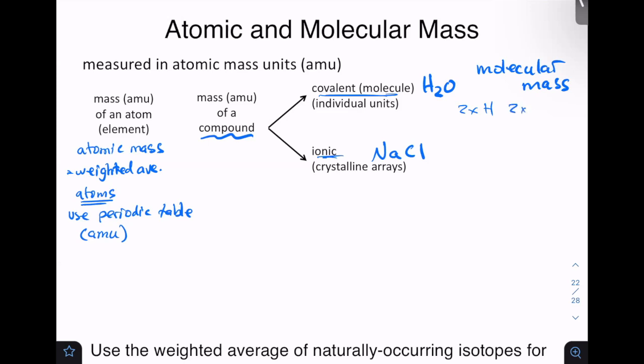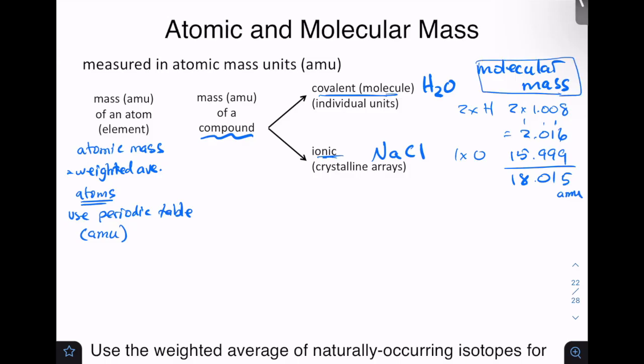So 2 times 1.008 equals 2.016. And then we have 1 times oxygen. The atomic mass of oxygen is 15.9994, so that's going to be 15.999, and we add them up. 18.015 AMU. That's the molecular mass of H2O.